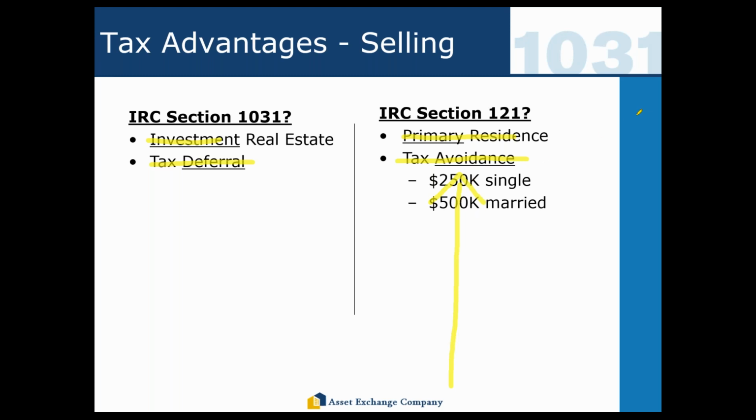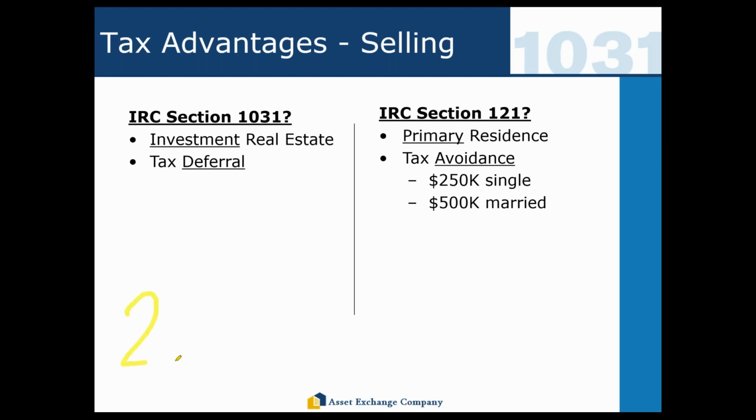Deferring taxes means you don't have to pay those taxes today. However, once you stop exchanging, guess what? You pay taxes. As soon as you stop exchanging and you cash out, you put the money in your pocket, you pay taxes. And ladies and gentlemen, if you are a successful exchanger, like all of you are going to be, you're going to have a huge tax bill to pay if and when you cash out. That's a good thing because you've been successful, right?